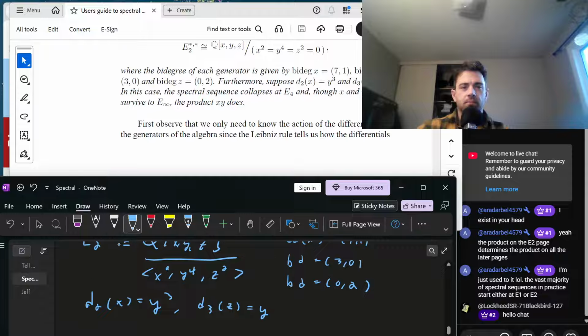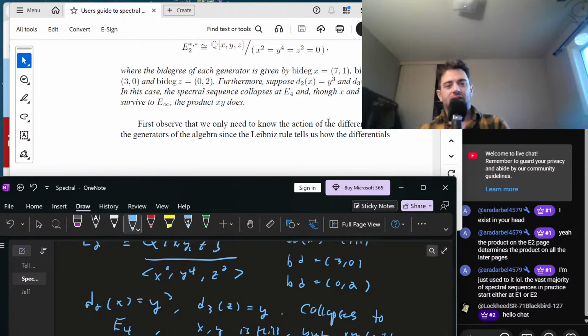Then this collapses to E4, and xy is killed, but no, xy is not killed until the end.